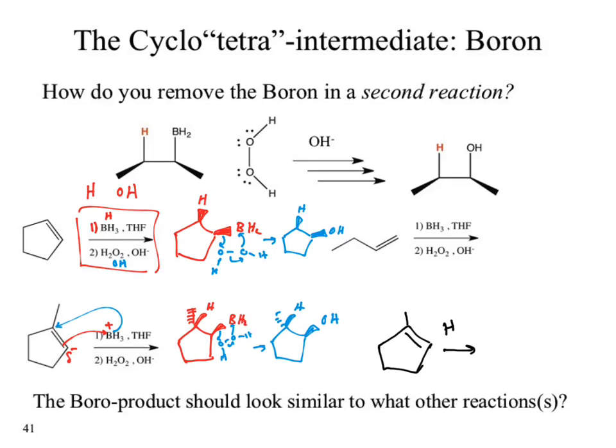If we went through and did this with H plus and H2O, back from chapter 11, the end result is we still add H and OH, but notice the OH adds to the more substituted position. So you're still doing the same basic chemistry except your positions exchange. This is a very common reason why the boron reagent needs to be memorized, because it is placing the OH in a non-standard fashion.